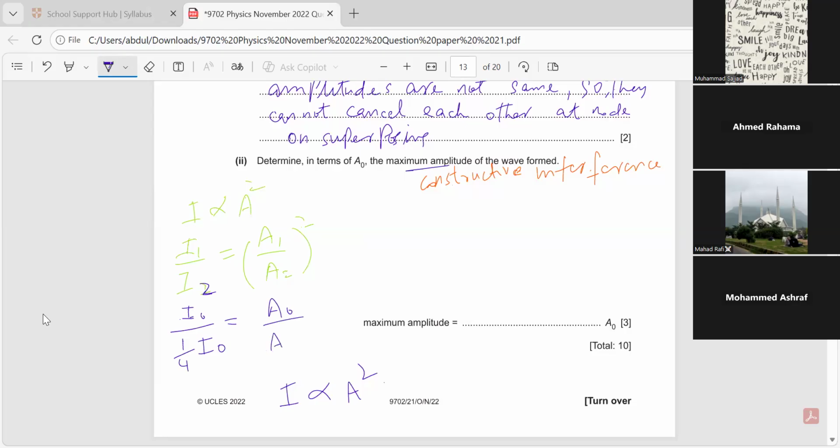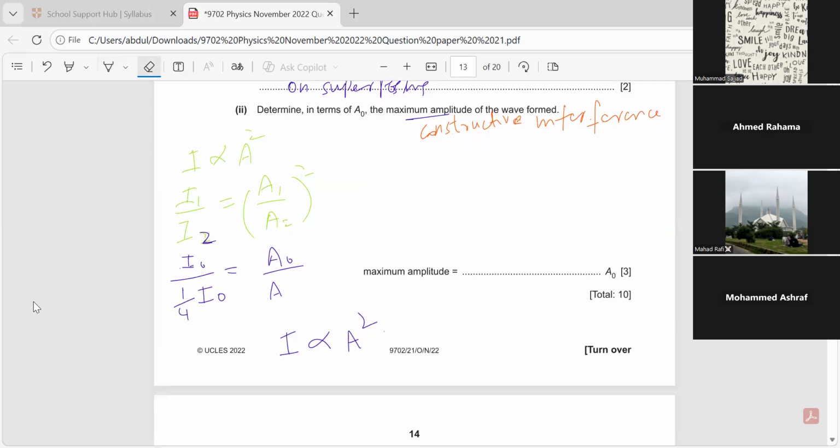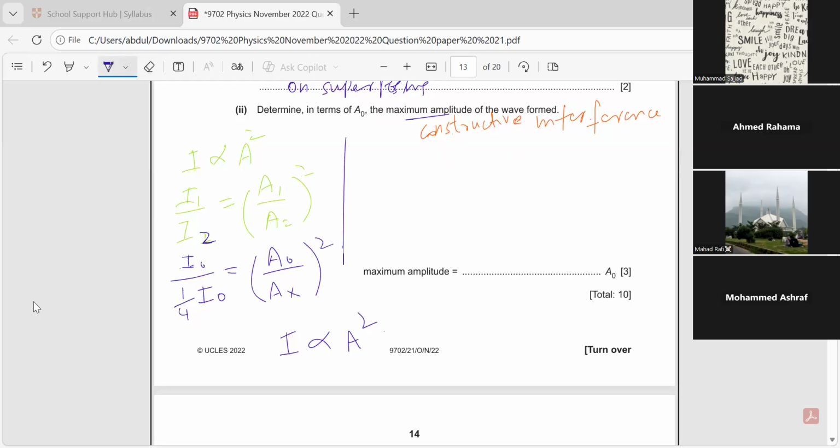This amplitude we don't know, let it be AX. And I'm making the whole square. Now, dear sons, I0 is cancelled with I0. What is left behind? Here it is 4, because 1 over 1 over 4.